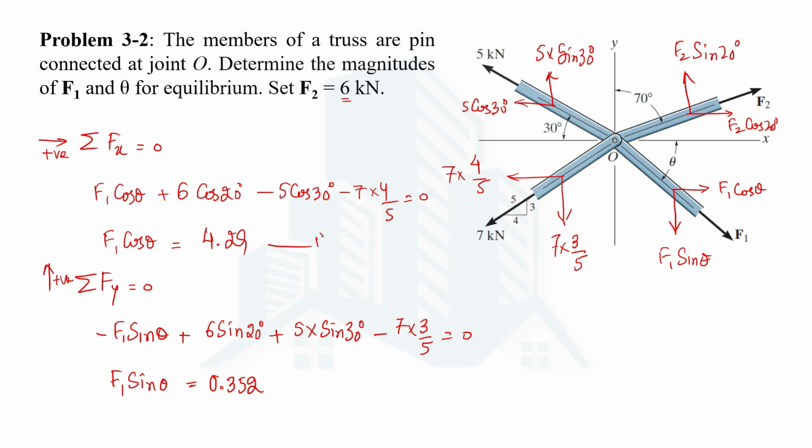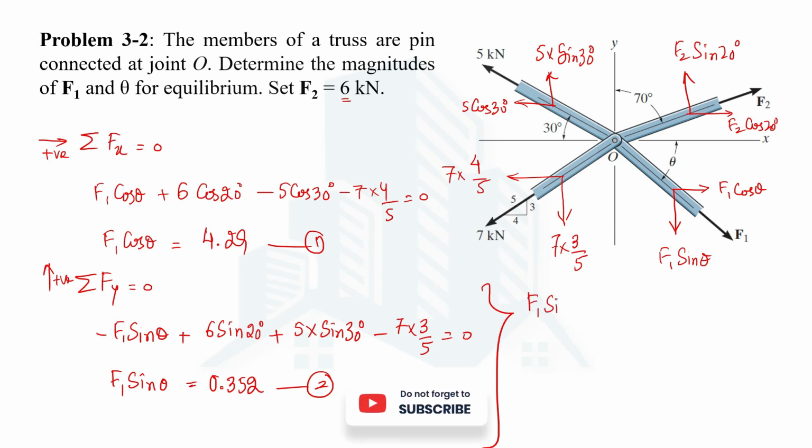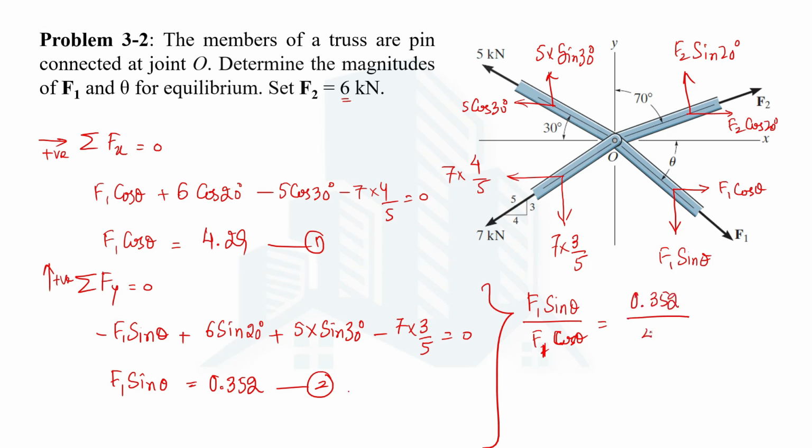Now we have these two equations. If I divide equation 2 by equation 1, we get F1 sine theta divided by F1 cos theta, so 0.352 divided by 4.29, since F1 on both above and below will get cancelled, and you know that sine theta over cos theta is actually tan theta, so tan theta would be equal to 0.082.